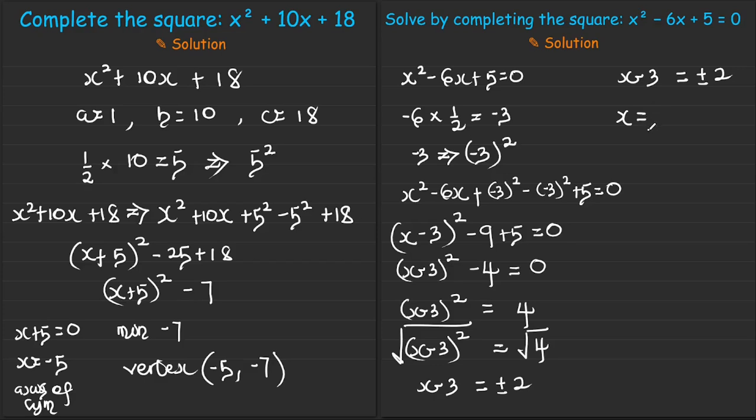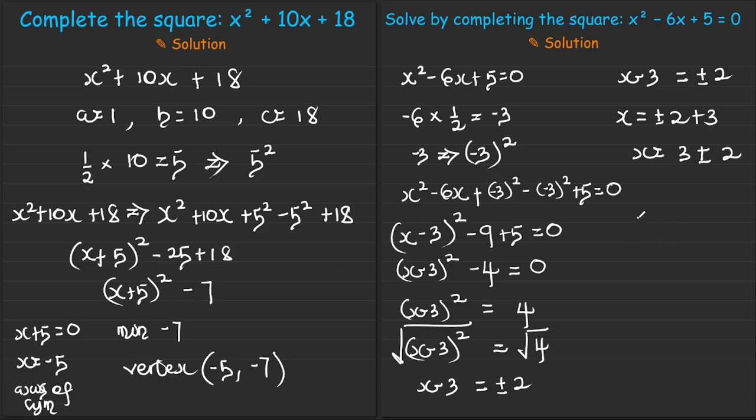A +3. So let's rewrite it as plus or minus 3, plus or minus 2, that is from here, then plus 3. This is more appropriately written as 3 plus or minus 2. These are the values of x. There are 2 values. One is when we use the plus, and the other is when we use the minus.